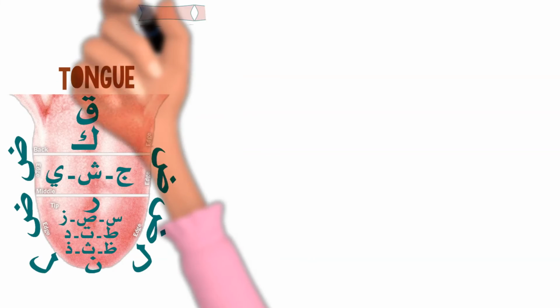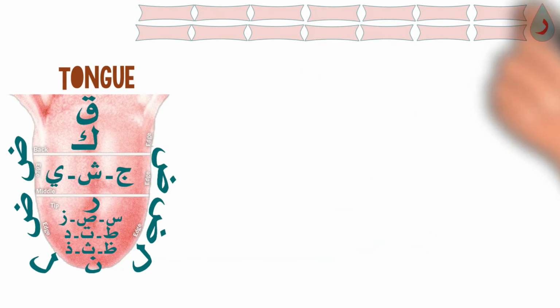So now, the tip of the tongue, the first letter we speak about is the Ra. The Ra is the only letter which has seven characteristics.